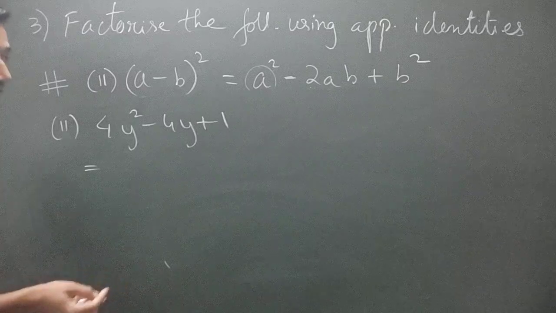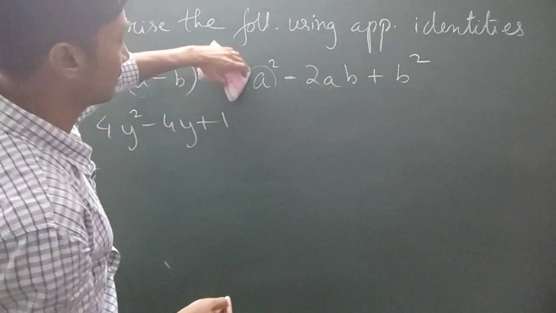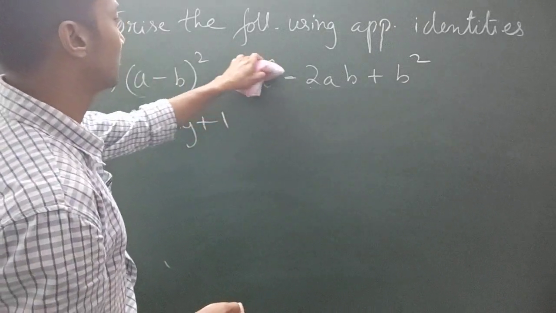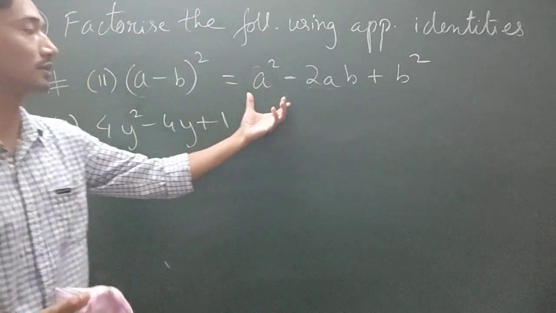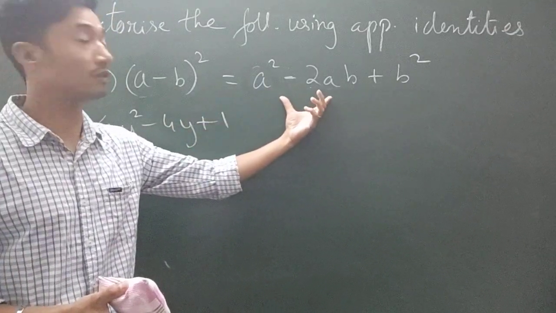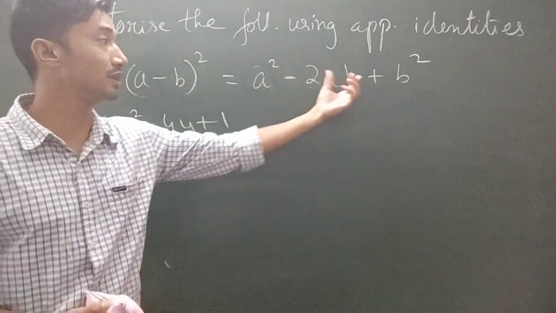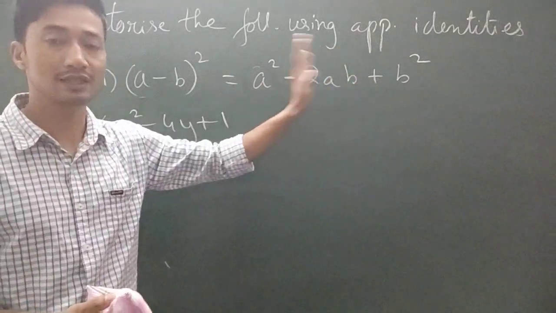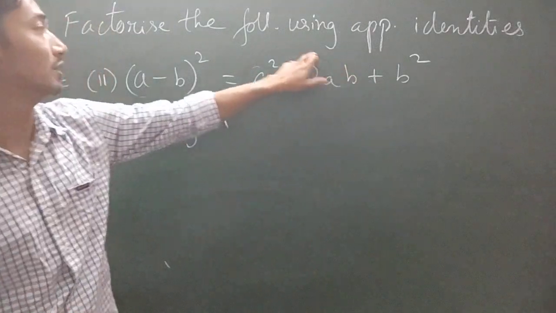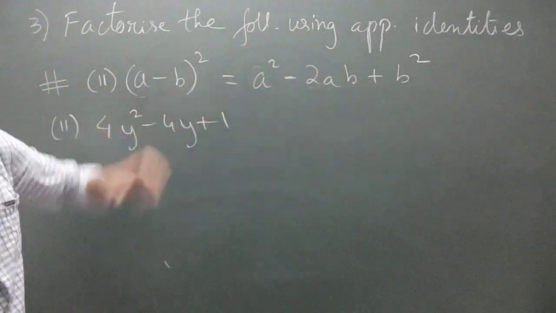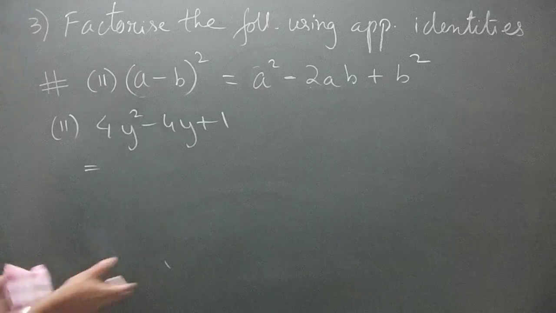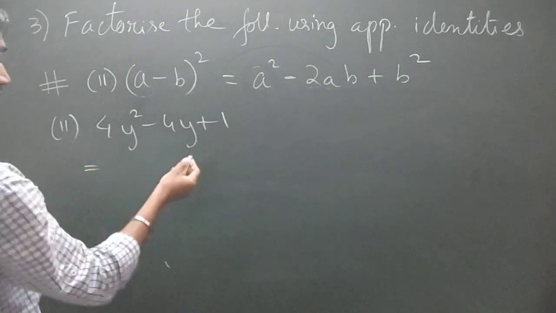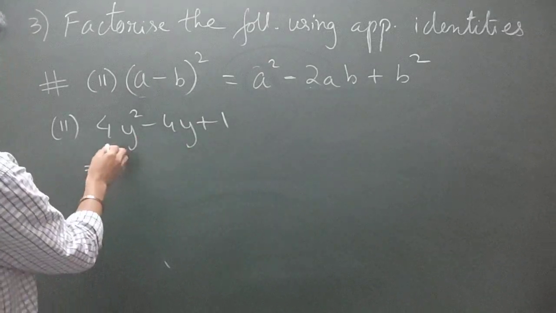Simply expansion is fine, but this time we are trying to go in reverse. From here we will try to see whether it is in that form, where a, b, all the terms are perfectly balanced and satisfied. If yes, then we will reverse back to this format, using the complete square formula. Let's see. Is it possible? We don't know. Let's see.